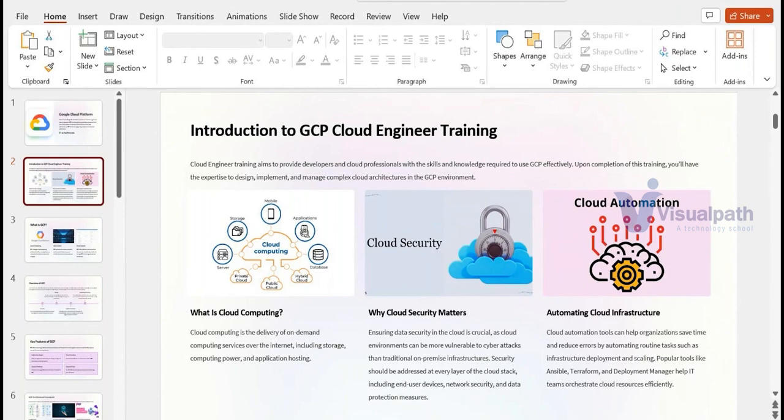That is why I say DevOps tools and cloud now go hand in hand. If you imagine yourself in the next 10 years building your profile on DevOps, it's not just DevOps, it's DevOps and cloud.